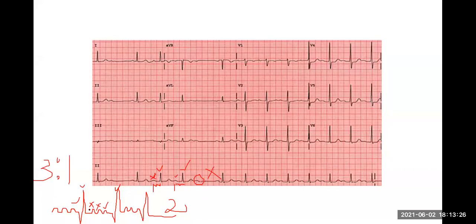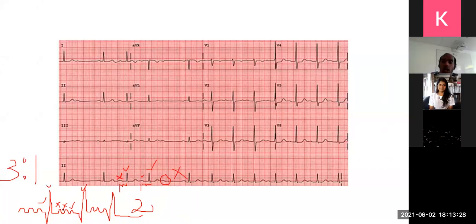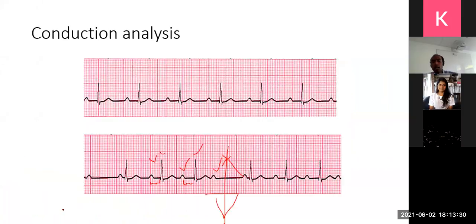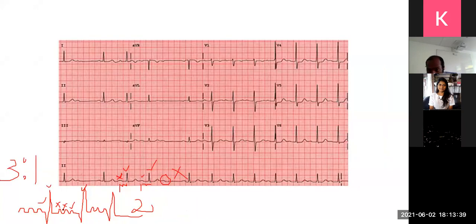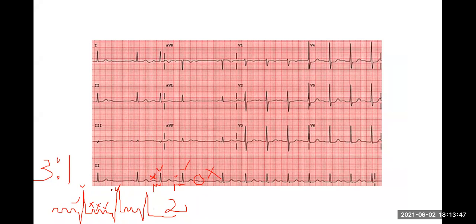This goes, but these two don't go. So it's all second degree. There are 3 types. Progressive prolongation of the PR interval before the missed beat, the Wenckebach, is called type 1. Type 2 has no such increase in the PR interval. Type 3 is a fixed ratio like 3 to 1 or 4 to 1 or 2 to 1 or whatever it is. So those are the 3 types of second degree blocks.